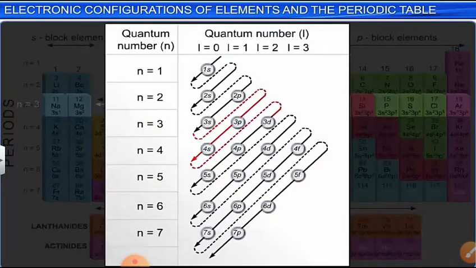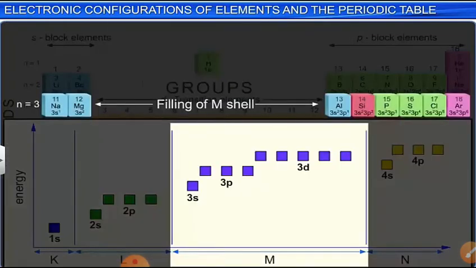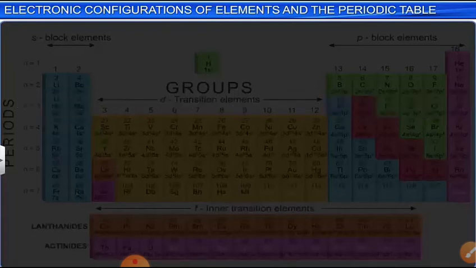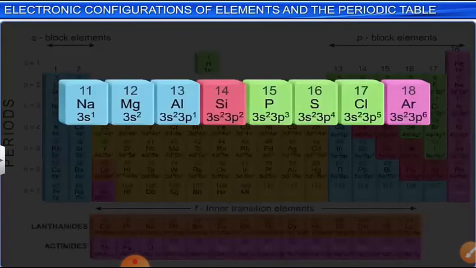So in the third period, the M shell is being filled with only 2 subshells, 3s and 3p. That is a total of 4 orbitals and 8 electrons. 3d is not filled in the third period. 3d is filled only after the filling of the 4s orbital. So in the M shell, the electrons being added are only in 3s and 3p in the third period.